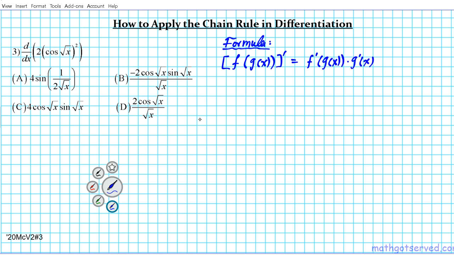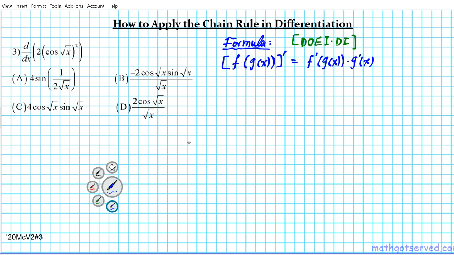So remember, derivative of the outer evaluated at the inner times the derivative of the inner. That's how you find the derivative of composite functions or apply the chain rule.